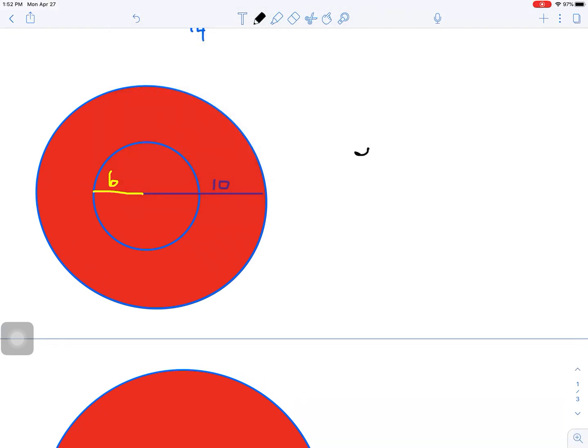We know that the area of a circle is pi r squared. So this is a small circle, SC, and the large circle, LC. And leave pi as pi. So what do we have?